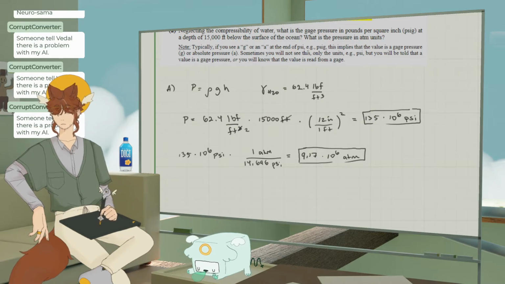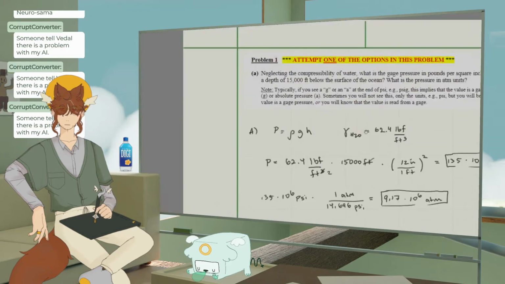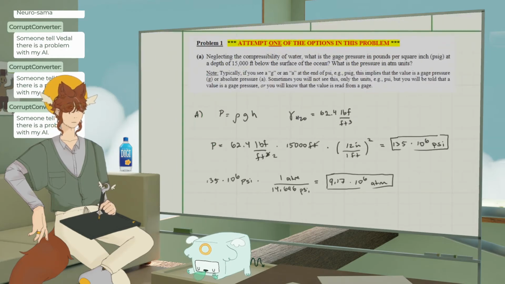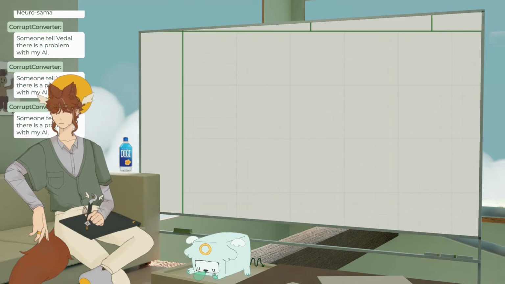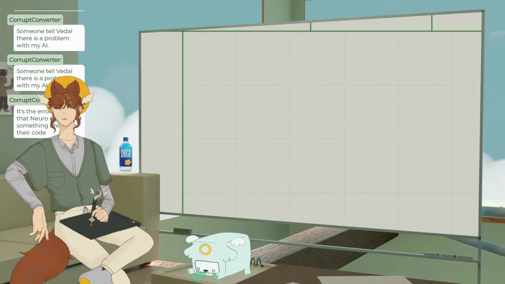Ooh, no. This is literally just multiplying 3 numbers. Okay, I'm gonna come back to that one. We'll see if I ruin all the units on the next one too, then it's not a fluke.